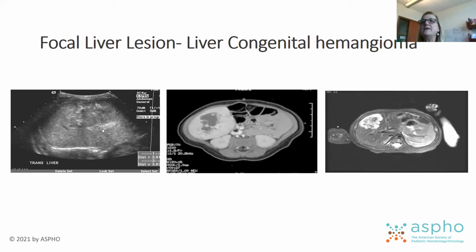This is another picture of how they look. So you can see they have that peripheral enhancement and that central darkening. This looks very much like an infantile hemangioma, so you have to be careful because they look the same. Vascular lesions look the same on CT and MRI.